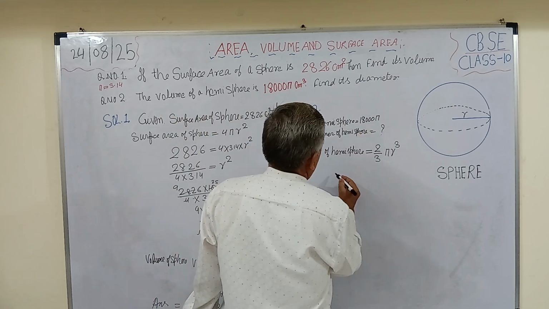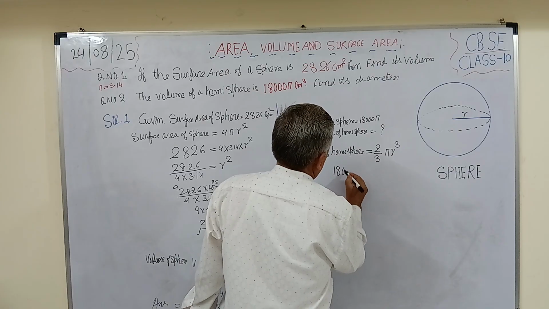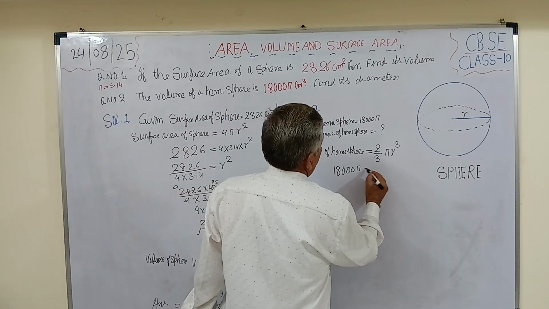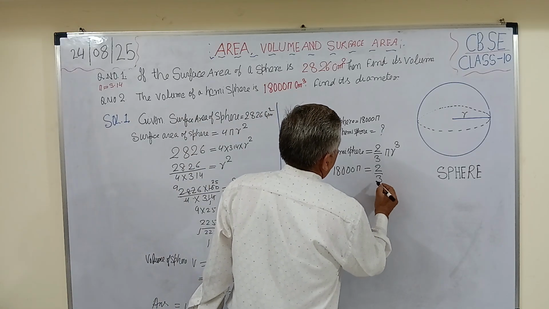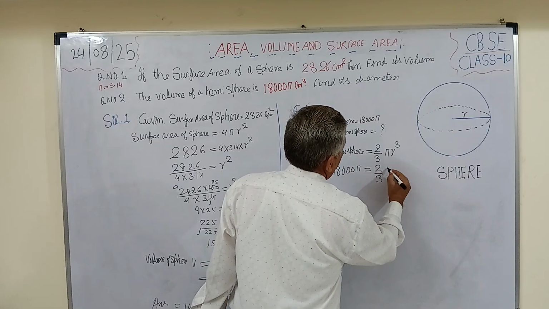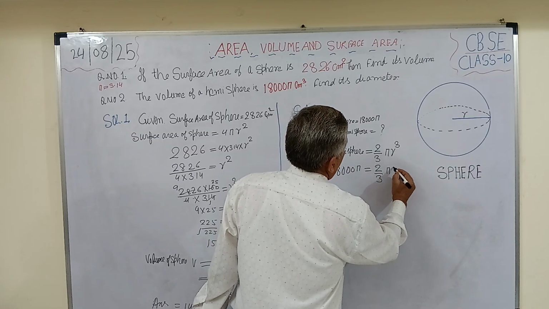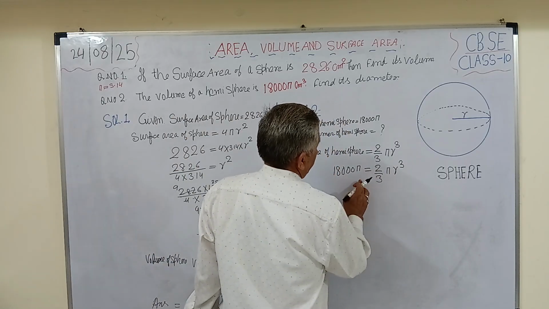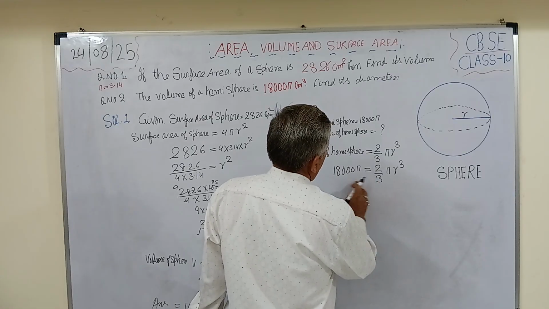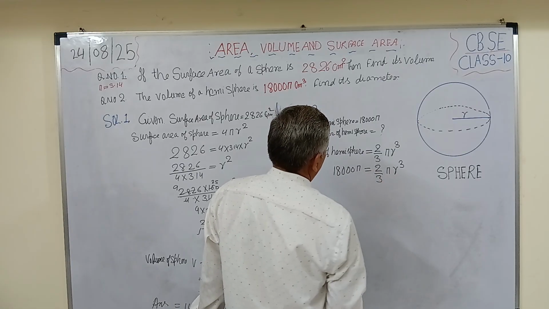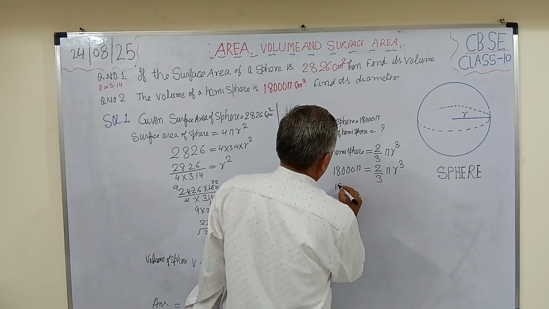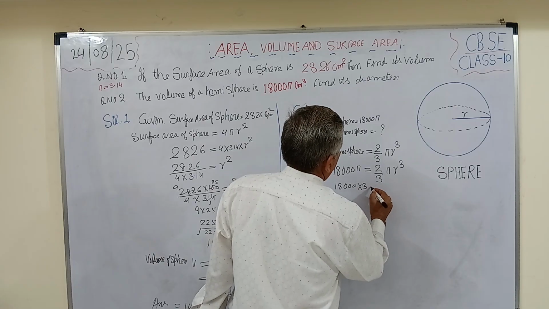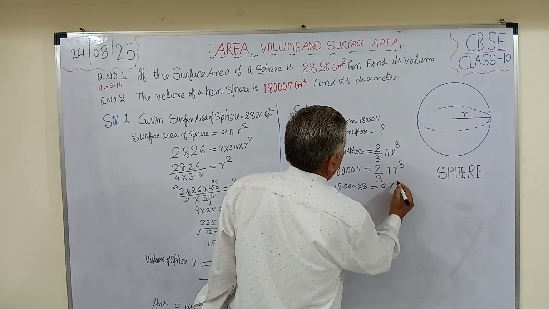The volume of hemisphere given to us is 18,000 pi equals 2 by 3 pi r cube. Since pi is on both sides, it will cancel. So we will get 18,000 into 3 equals 2 r cube.